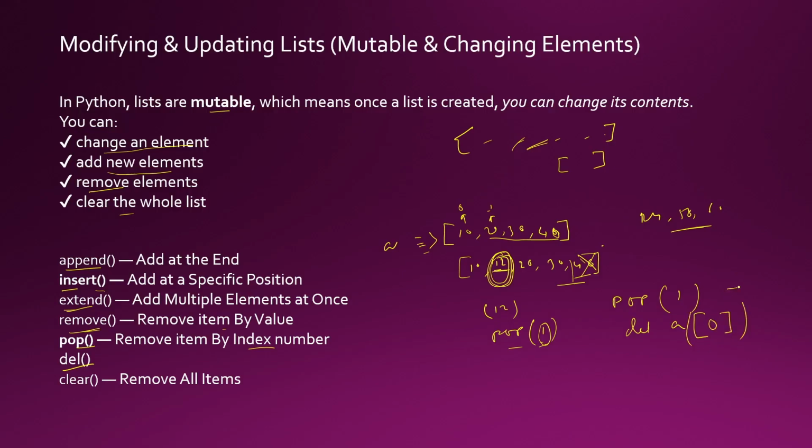That's it. Both perform in the same way, only the syntax is different. And clear removes all the items. If we use the clear function, all the values will be deleted at once and our list will be empty. So finally we get a as an empty list. These are the basic functions using which we can perform modification and updating in our list.